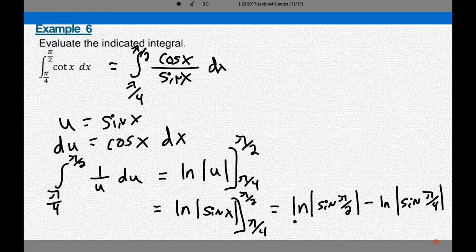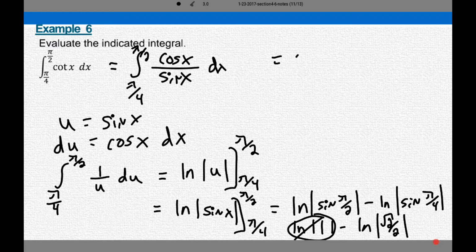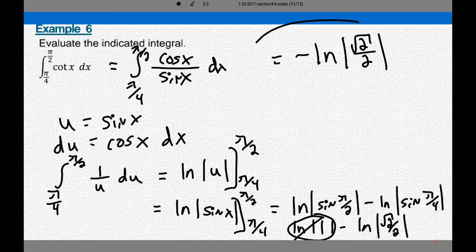And we do the natural log of the absolute value of 1 minus the natural log of sine of pi over 4, which is the square root of 2 over 2. And as always, the natural log of 1 is equal to 0. So my final answer is negative natural log of the absolute value of the square root of 2 over 2. That will be my final answer.